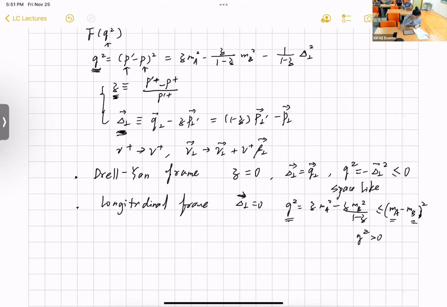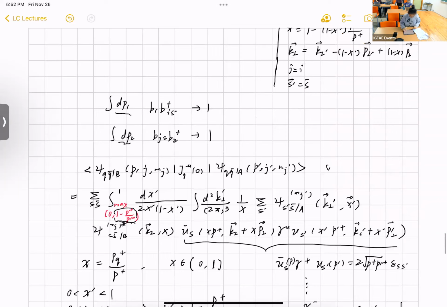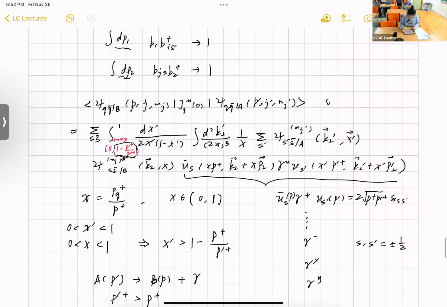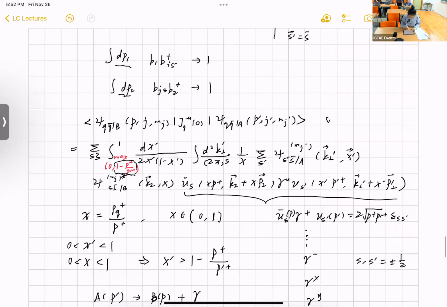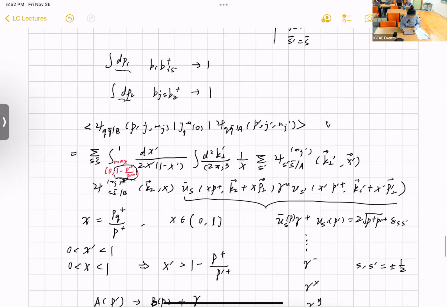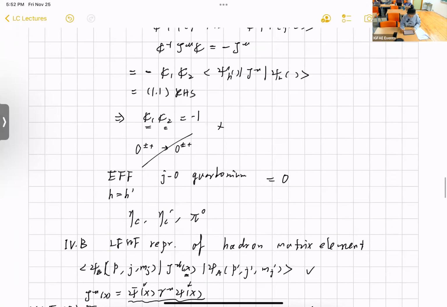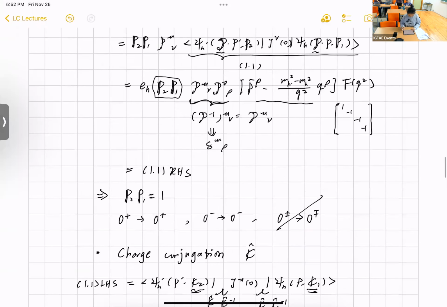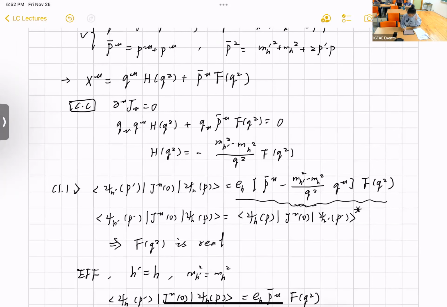I don't have much time, but I think with all this information, you can already get the form factor. As I said, you have the hadron matrix element, and then you also have the definition of the form factor, and what we did with the vector meson structure decomposition.